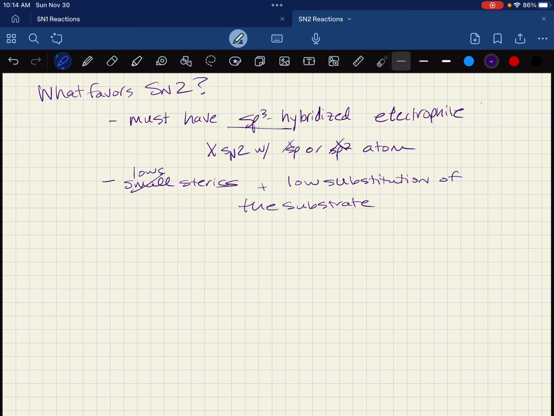And just to clarify here, with the electrophile, this is the substrate.